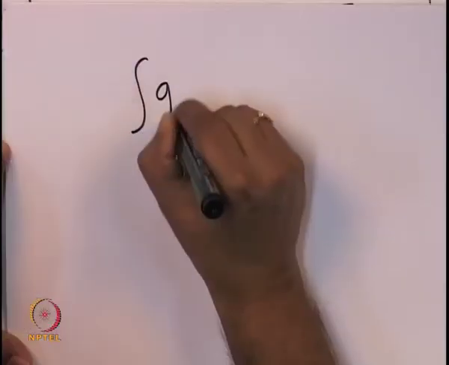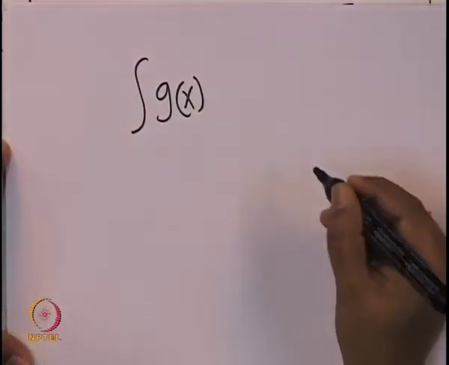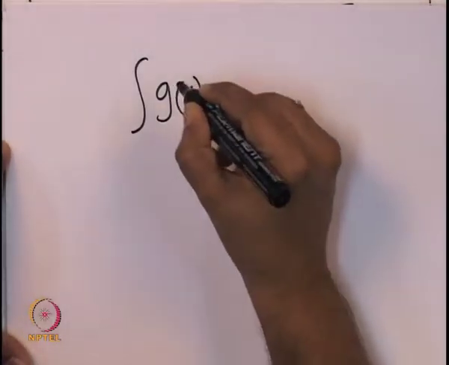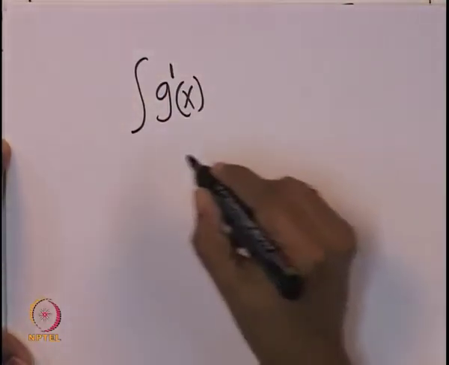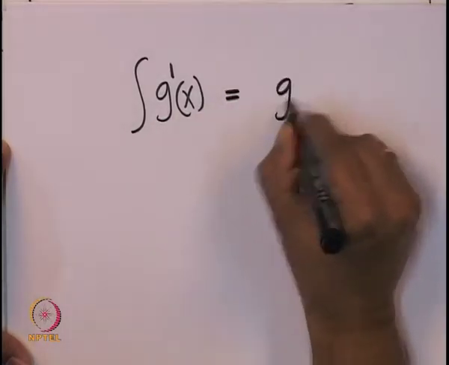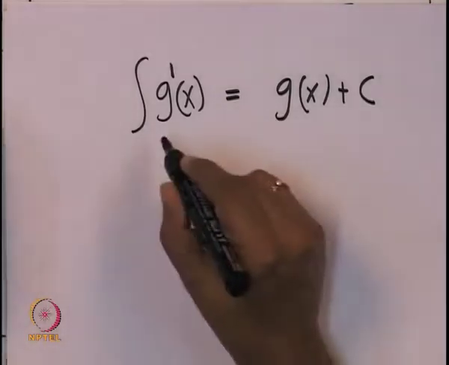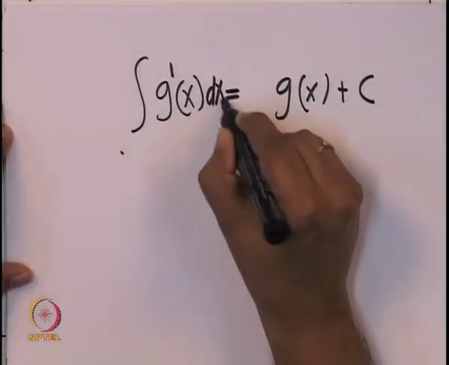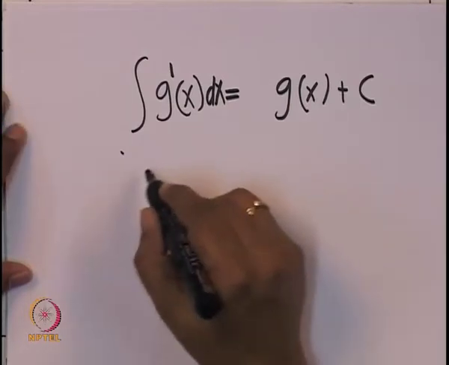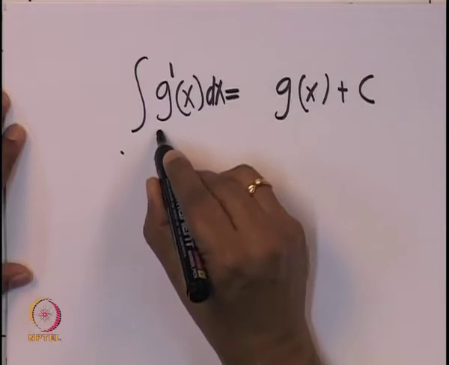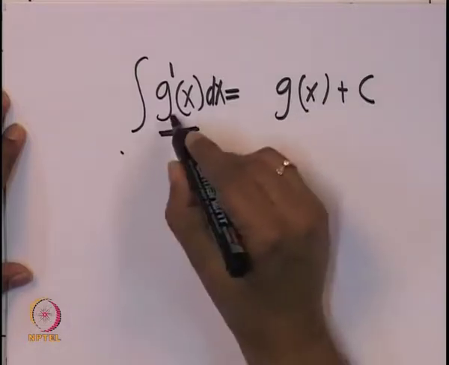We said in the class that if you have an integral of g of x dx, where this is g prime of x, the answer could be g of x plus some constant c. This tells you to find a curve which has slope g prime of x.